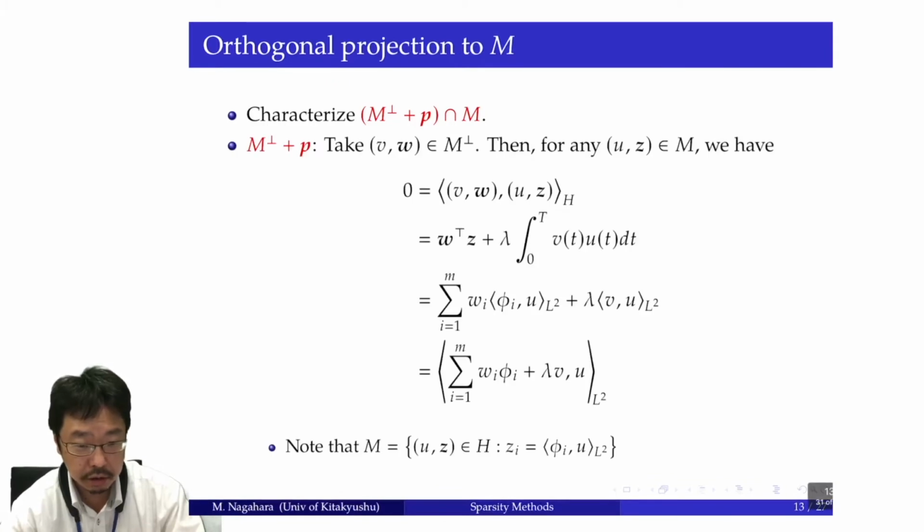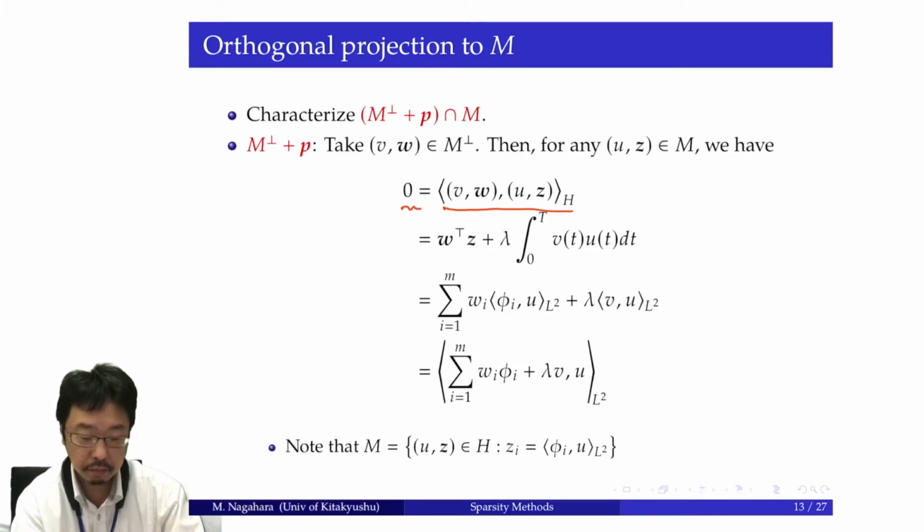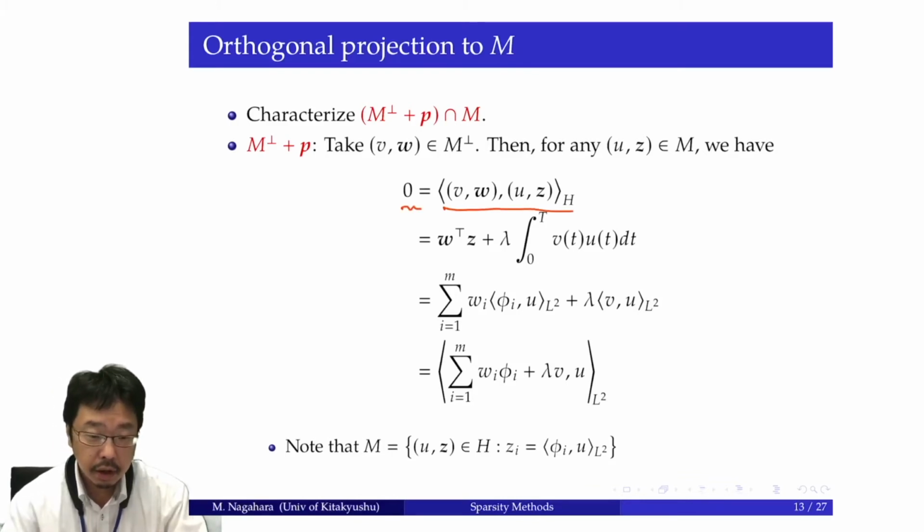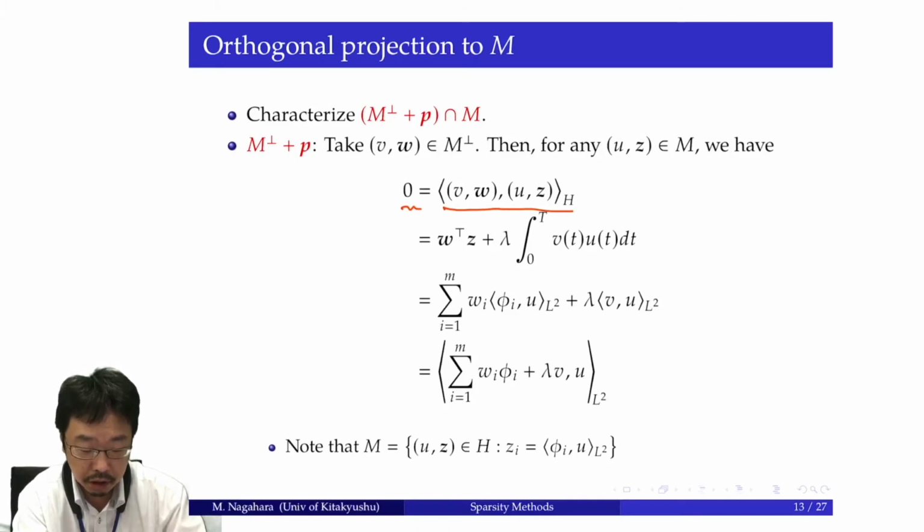First, we look into M perp plus p. Take (v, w) in M perp arbitrarily. Then for any (u, z) in M, we have this equation, namely the inner product of these vectors is 0 by definition, and the inner product is equal to the sum of the inner product of vectors and inner product of L2 functions.